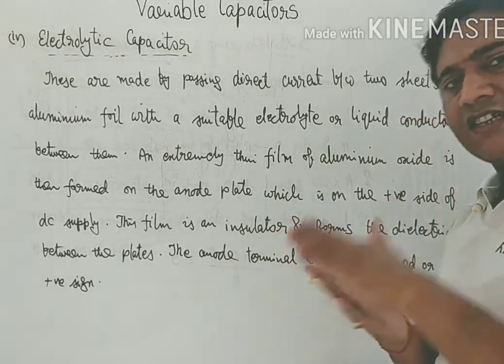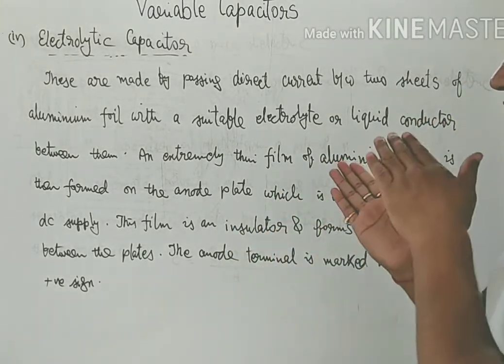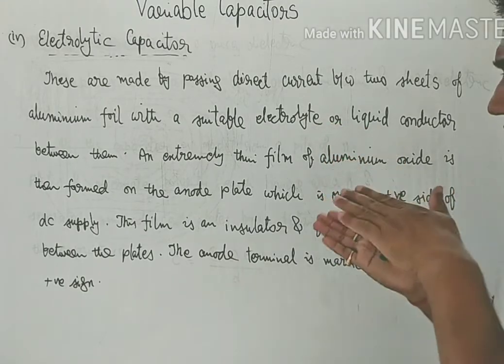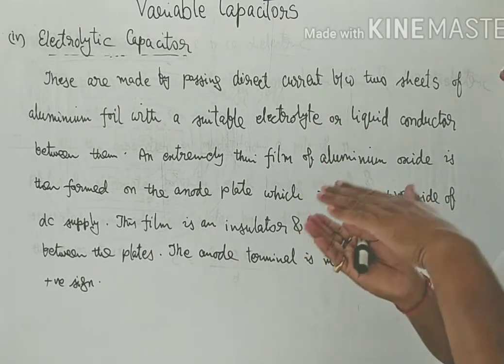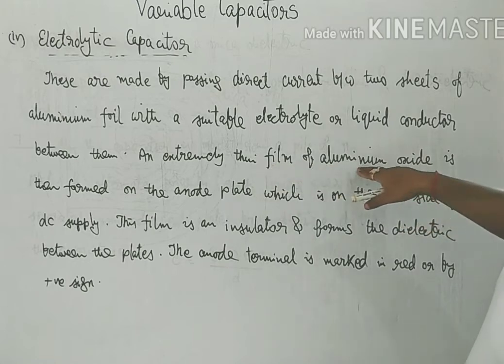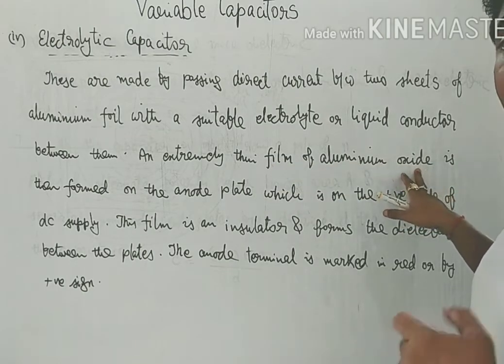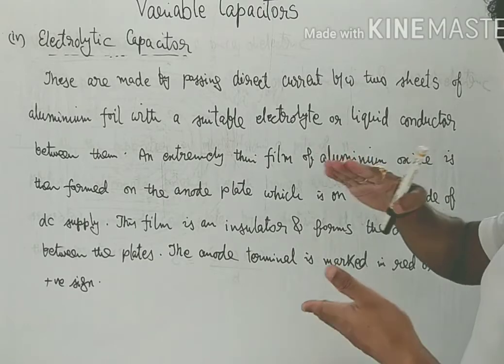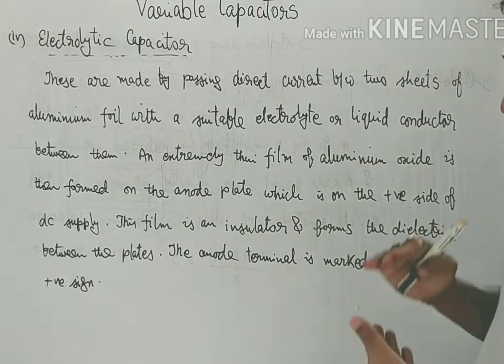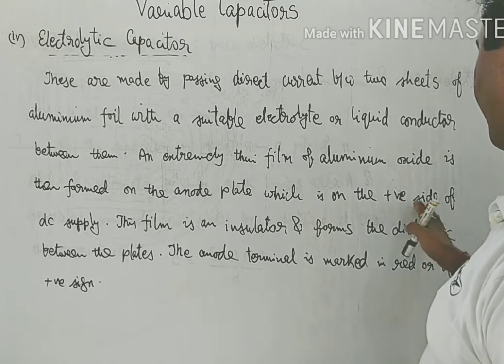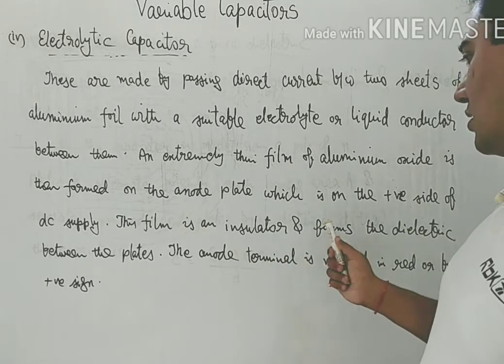When that DC current is supplied, an extremely thin film of aluminium oxide is formed, which serves as the dielectric between those two plates.